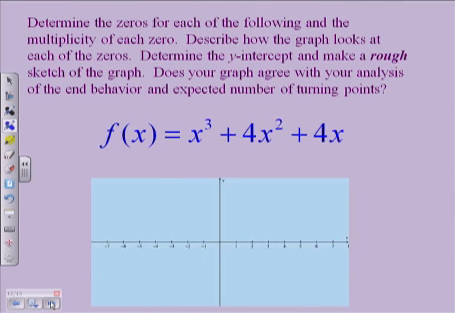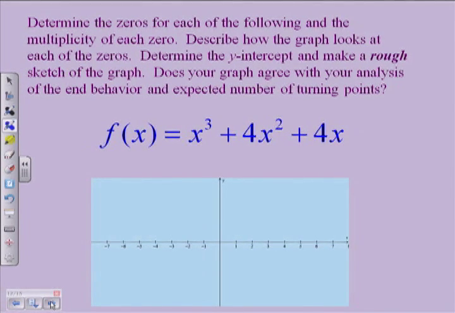And so now what we want to do is start looking at these on our own. I said we want to determine the zeros. That's very, very important for us. And we want the multiplicity of each zero, because that will tell us whether it goes through the axis or whether it bounces. Determining the y-intercept is a good idea.